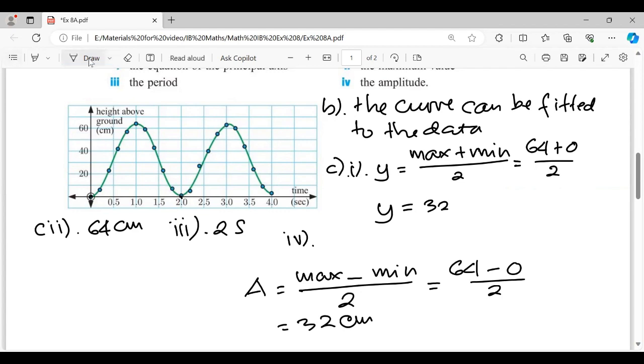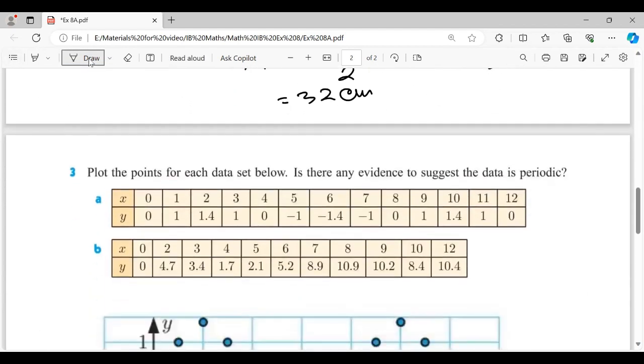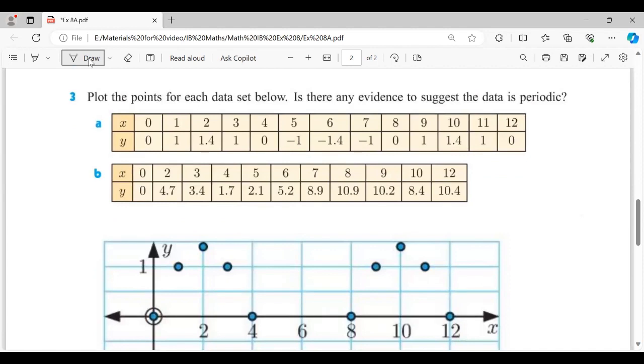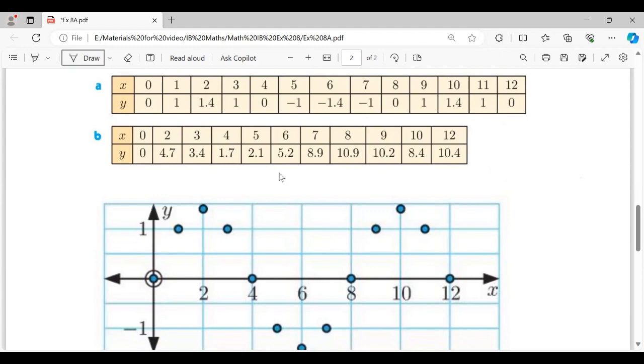Right, move to number 2. Plot the points for each data set below. Is there any evidence to suggest the data is periodic? First, the first graph, like the graph on the previous number, find the coordinate points first on this Cartesian graph, and after that identify whether periodic or not.